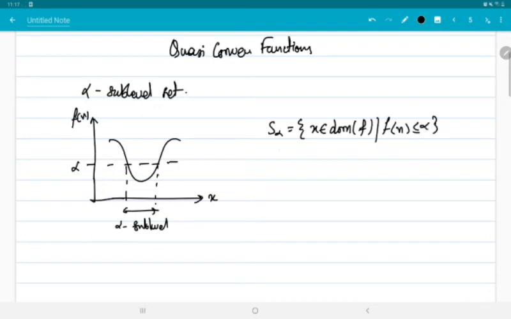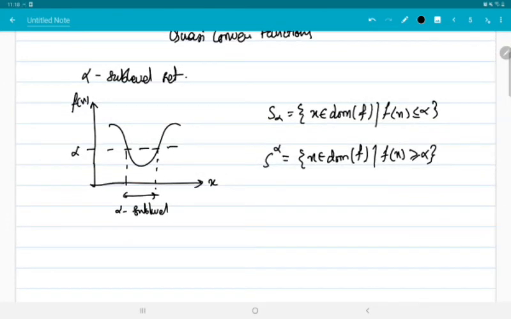alpha. There is an opposite analog of sublevel sets, called superlevel sets, which is just f of x greater than or equal to alpha.